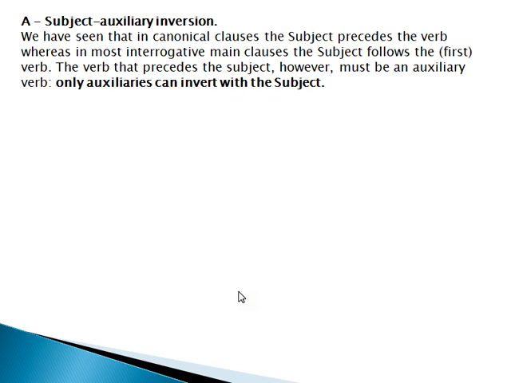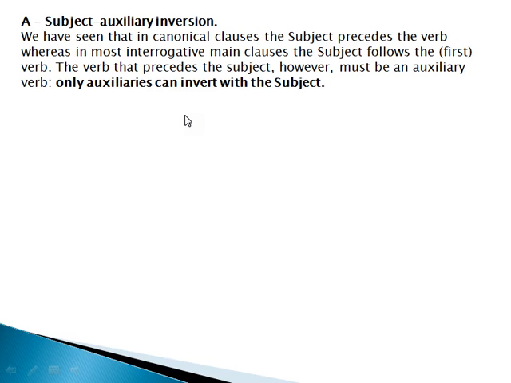In declarative clauses, the subject always precedes the verb. And in most interrogative main clauses, the subject follows the first verb. This first verb that precedes the subject must be an auxiliary verb. Only auxiliaries can invert with the subject.